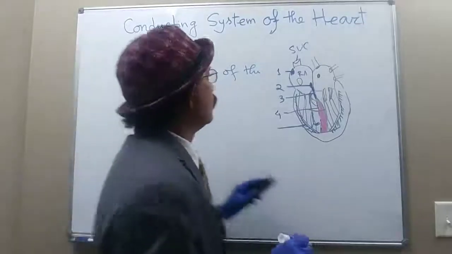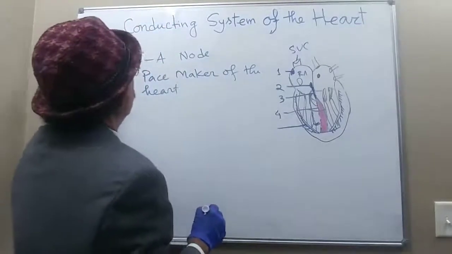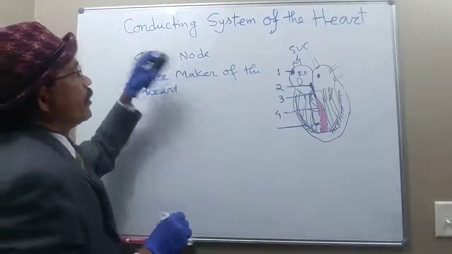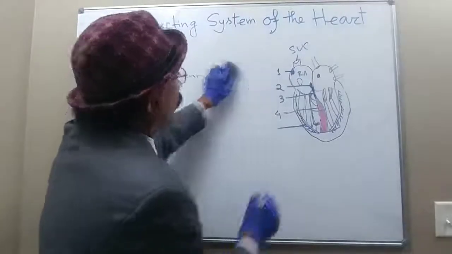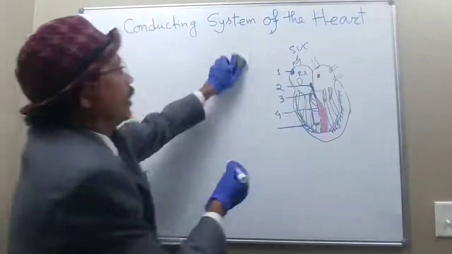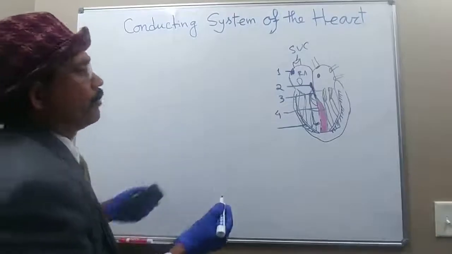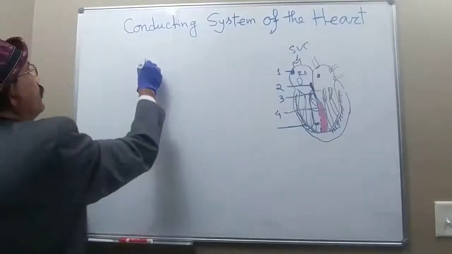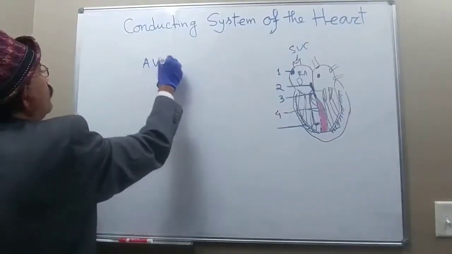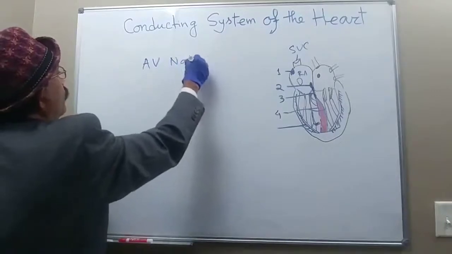Then we'll go to the location of the AV node. All of the conducting system of the heart is modified cardiac muscle. Where is the AV node or atrioventricular node?